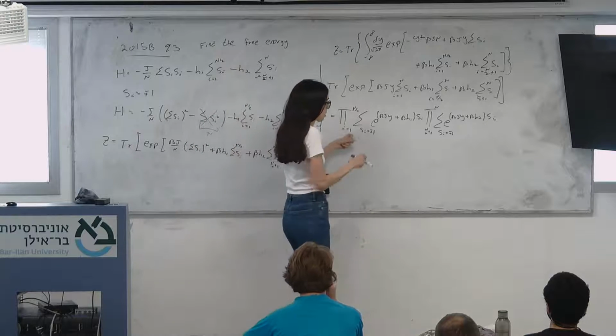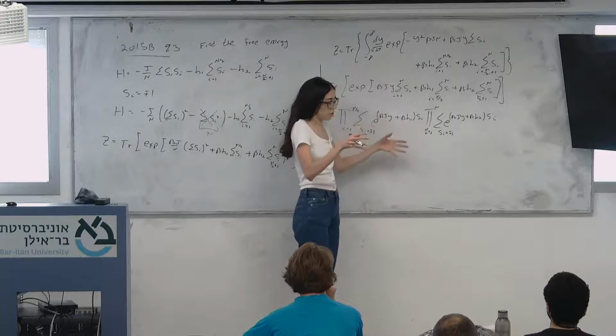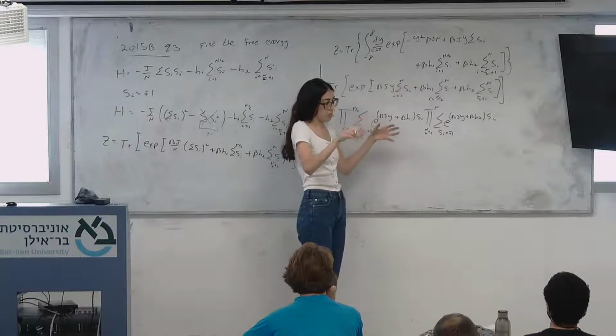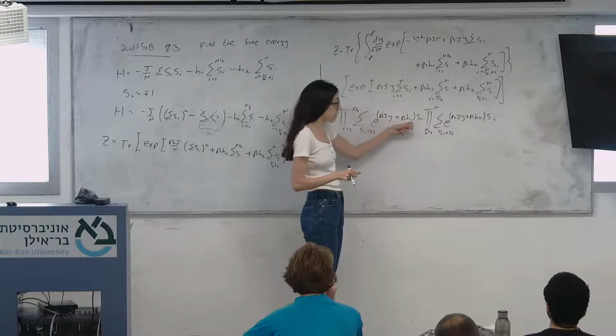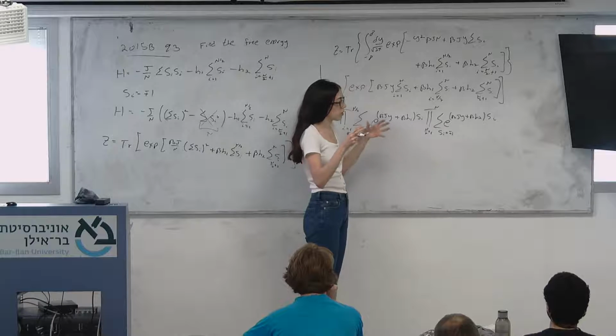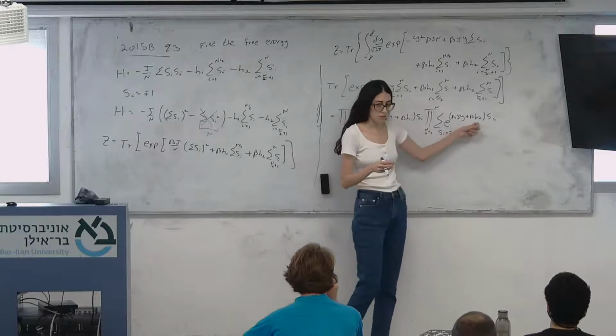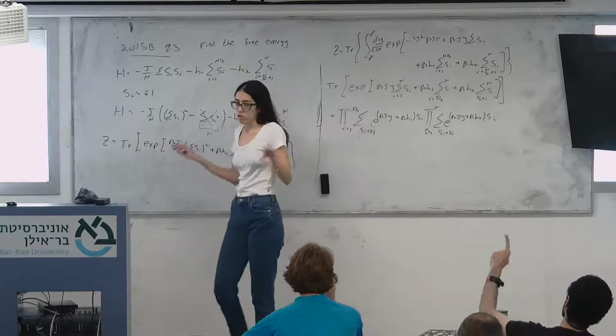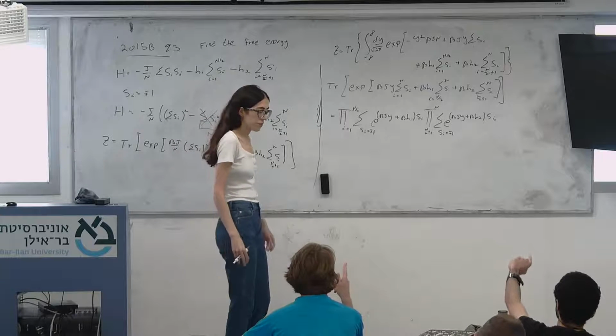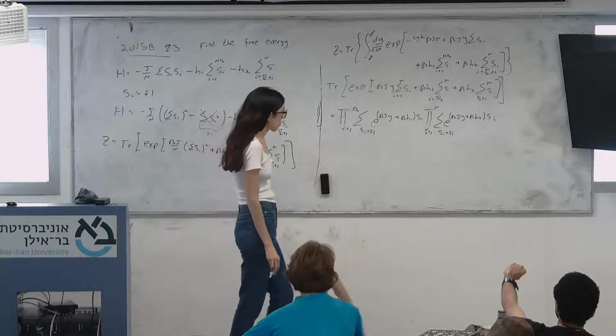So the product is going to be n over 2 terms multiplied with that field, and n over 2 terms multiplied with that field. So I just separated them.